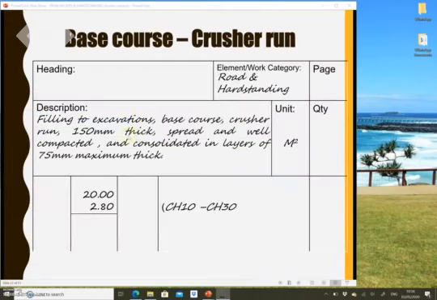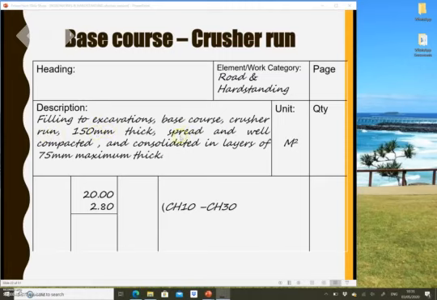This is an example of how they do it in the taking off list. The works that need to be done: filling to excavation. Why filling? Because we have to make a certain level that has been prescribed in the drawing. What are the layers? The third layer is a base course using crusher run material, and the thickness is 150.